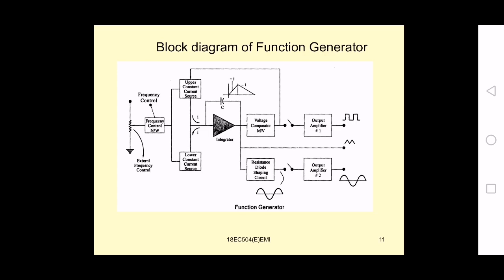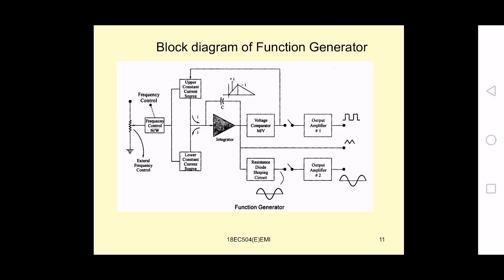At some point, again the voltage comparator multivibrator switches off the lower constant current source and switches on the upper constant current source, and this process is continuous.